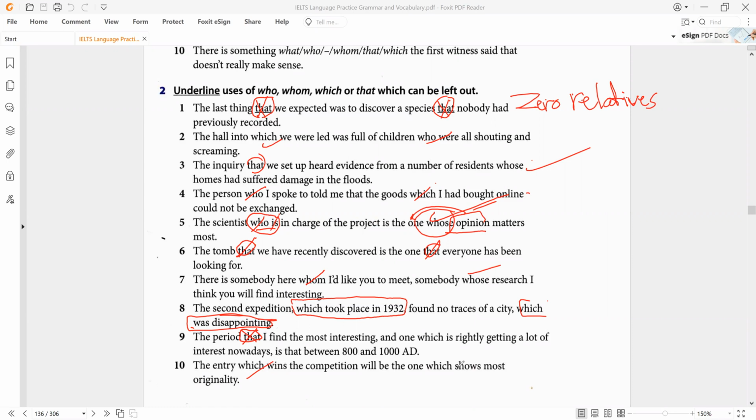Because both here, just a minute. There is no subject here, we only have a verb. Which here comes directly before the verb. No pronoun. Keep it.